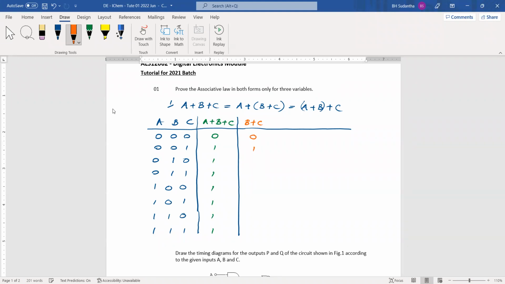Here B plus C is 1. This is 1. And this is 1. Here again, this is 0, 1. Okay.